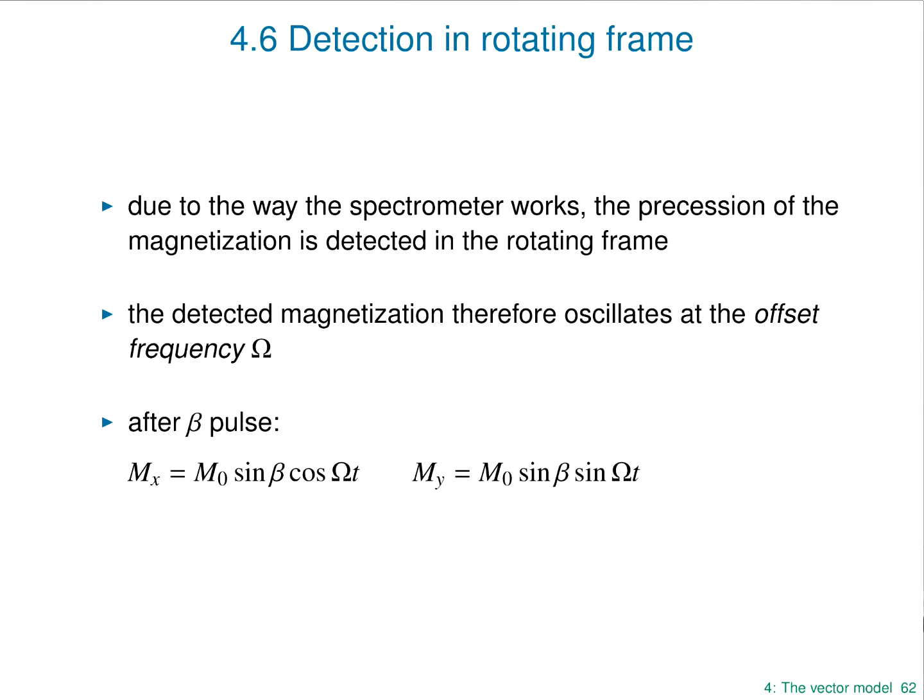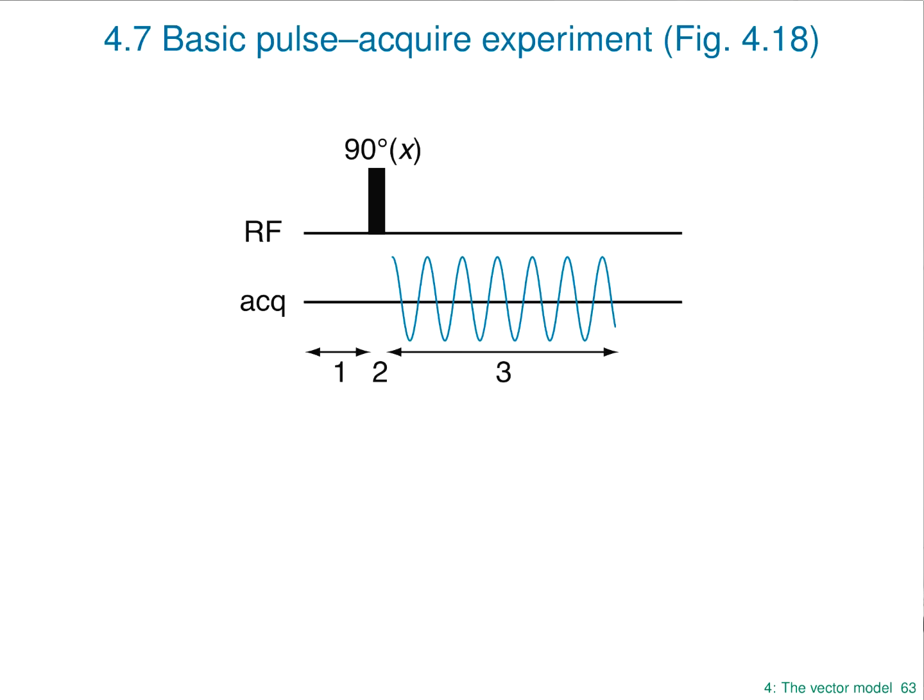So what I now want to do is to use the vector model to describe three experiments: the pulse acquire experiment, pulse calibration, and then most importantly, the spin echo. So here's the standard pulse acquire experiment that is used all the time to actually record spectra, and it comes in three parts.